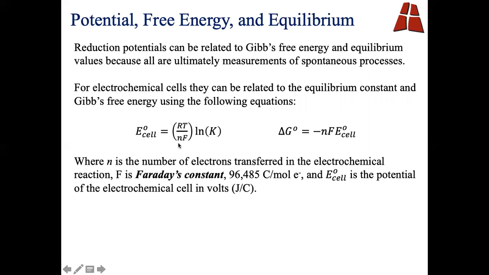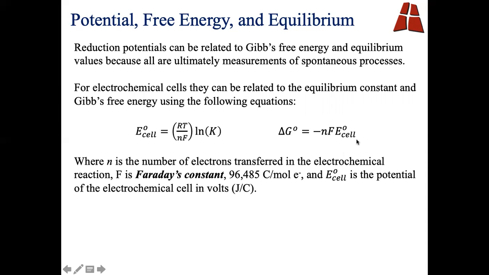N is the number of electrons transferred in the electrochemical cell, and F is something new to us called Faraday's constant, which is 96,485 coulombs per mole of electron. Pretty much any electrochemical equation is going to have Faraday's constant in it. It's kind of like the ideal gas constant, but for electrochemistry.